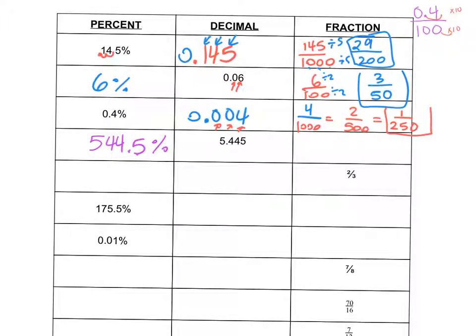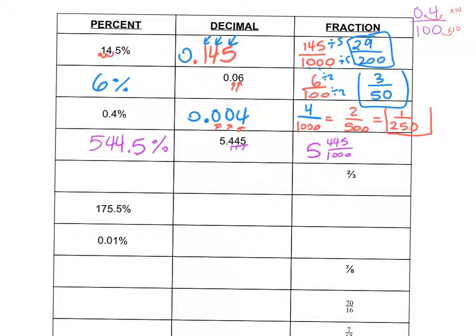To write it as a fraction, remember that's a whole number, 5 and 445 over 1,000. Don't write 5 over 4. It's 5, the whole number, and 445. There's 3 place values, so you have 3 zeros.